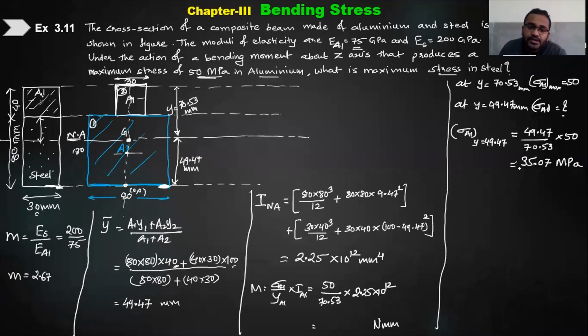Now this 35.07 is the value in aluminium. But at that position, actually this is the equivalent section, right? Actually steel is present. So now I can change the material while remaining at the same location of y.